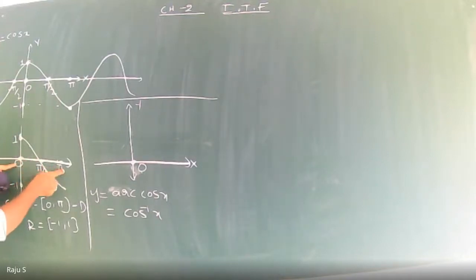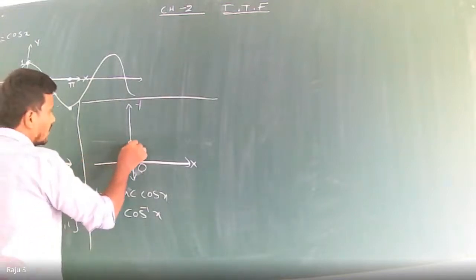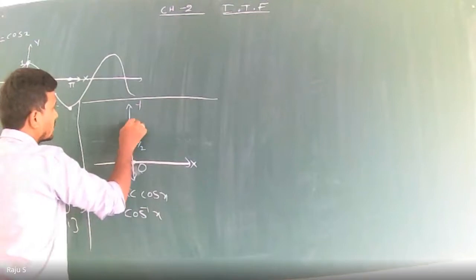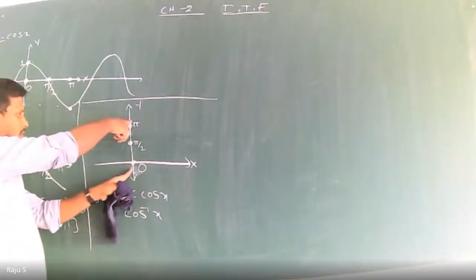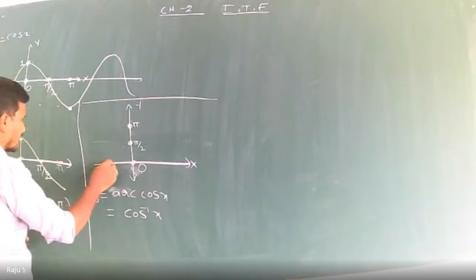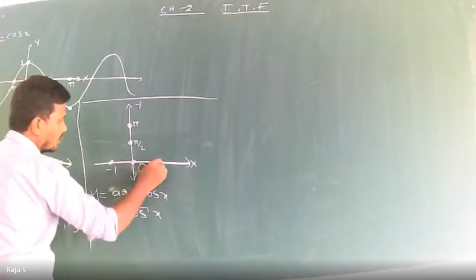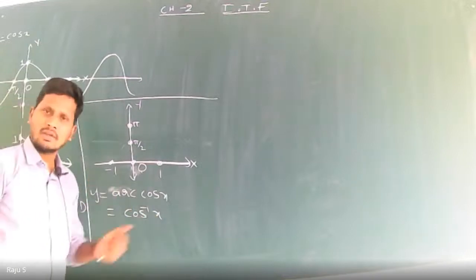With the inverse, the x values become y values, so here it is 90, here it is 180. Nothing but the domain becomes the codomain and the codomain becomes the domain, so here it is minus 1 to plus 1. The y values you take on the x-axis, and the x values you take on the y-axis.